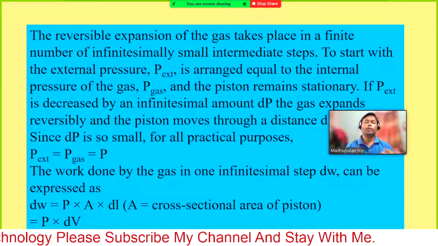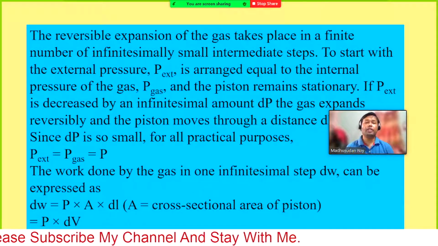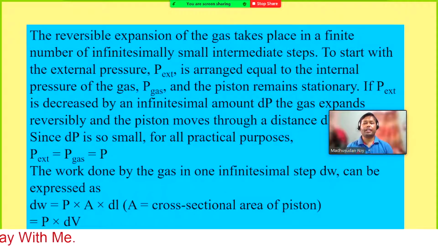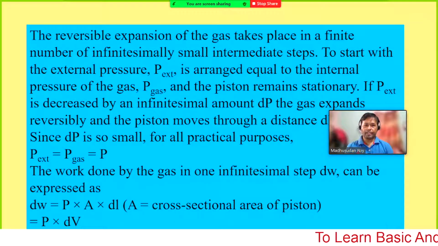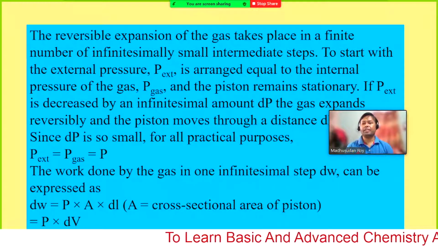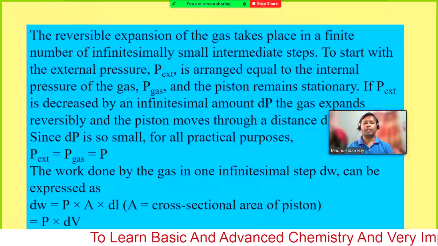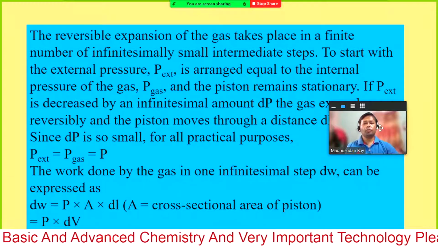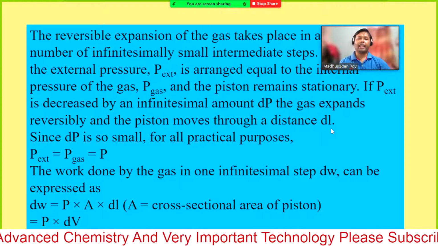So we need to think about hundreds or millions of very small intermediate steps. To start with, the external pressure Pext is equal to the internal pressure of the gas, Pgas, and the piston remains stationary. If Pext is decreased by an infinitesimal amount dP, the gas expands reversibly and the piston moves through a distance dl.